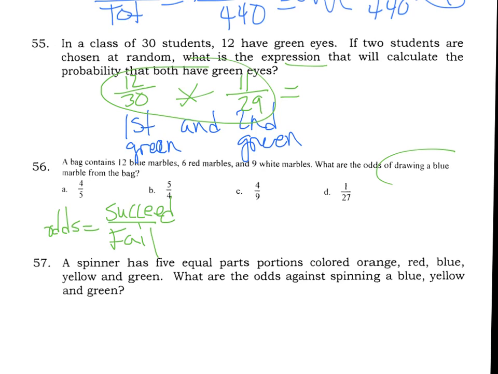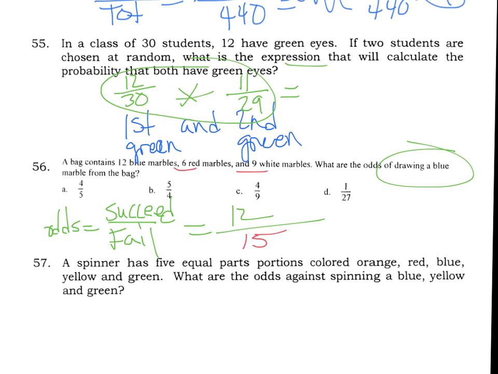Success defined here is drawing a blue marble. There are 12 blue marbles, so there's my successes. My failures, on the other hand, and just for clarity, I'll do the failures in red, would be a non-blue marble. There are 6 plus 9, so 15 ways to fail.